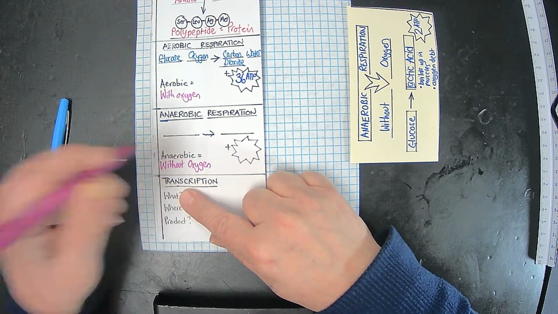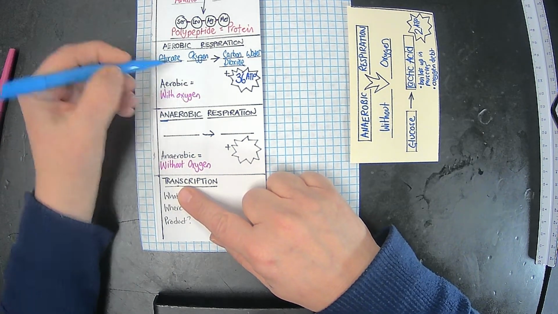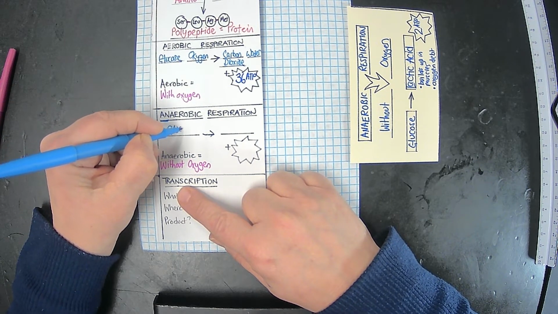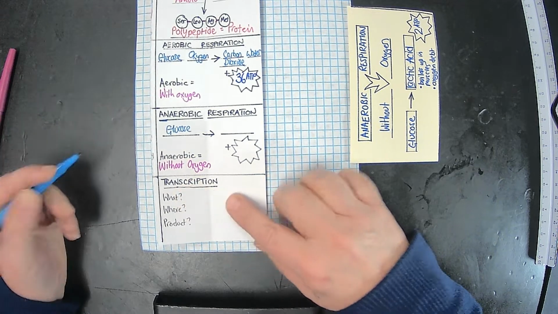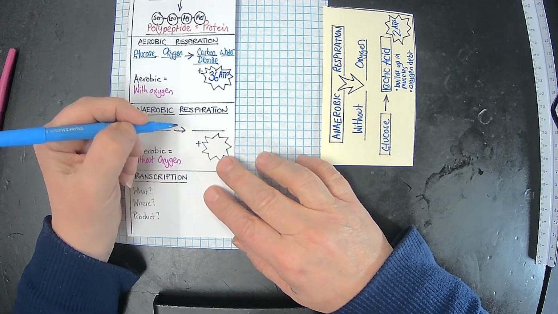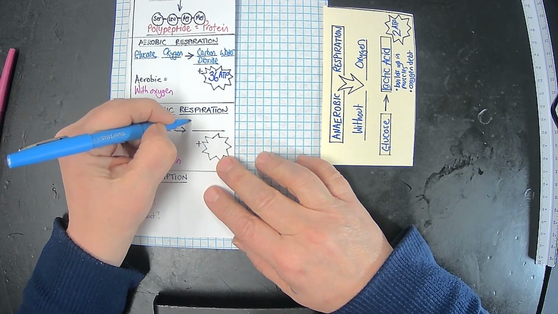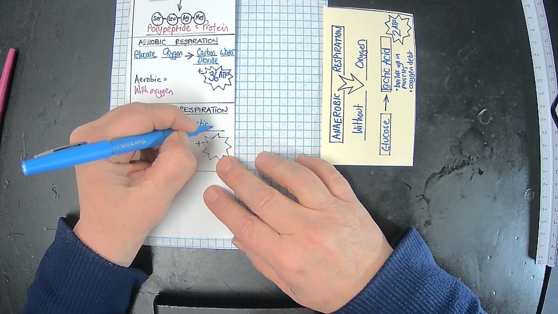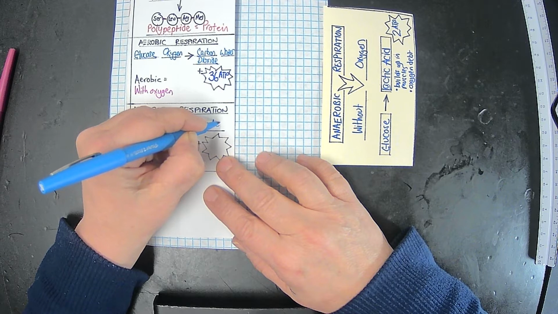Okay? And so, because we don't have the oxygen that we had before, the glucose is broken down into an intermediate product that builds up in your muscles called lactic acid, or sometimes it's called lactate. Okay?